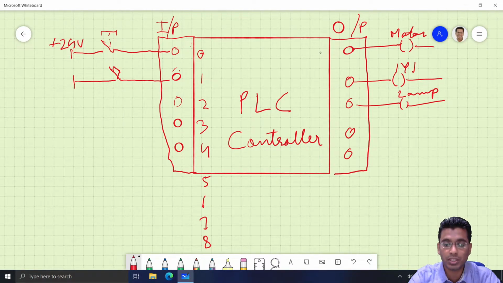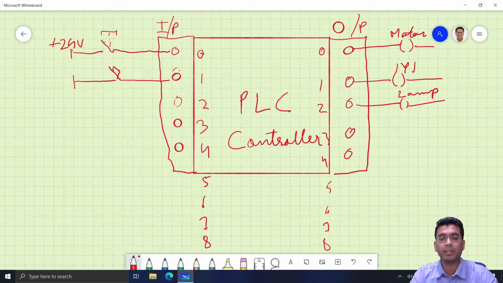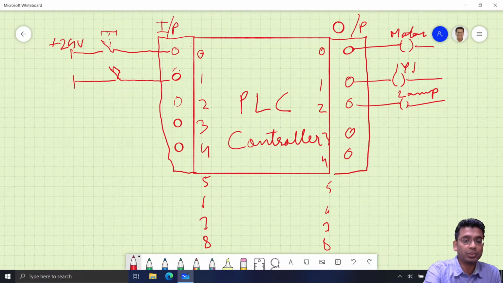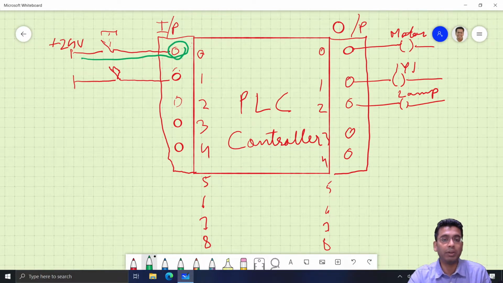Similarly, these outputs are given the values 0, 1, 2, 3, 4, 5, 6, 7, 8. So this is your connection diagram. That means whenever you are pressing this switch, the signal will flow through here and come to this 0th bit element. Now this was the first part.